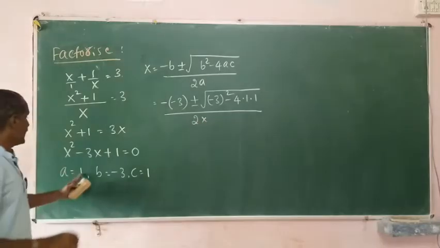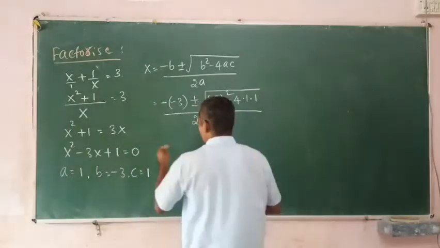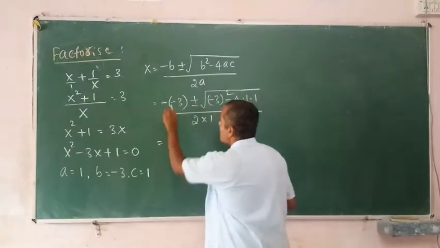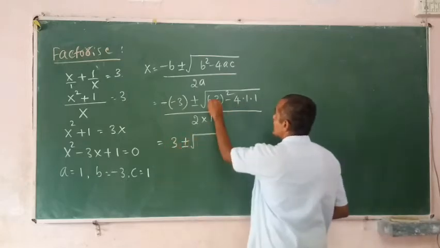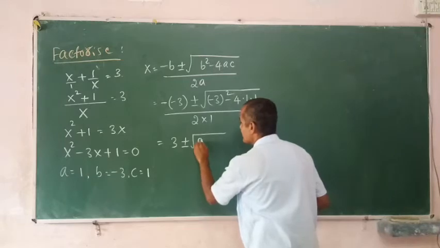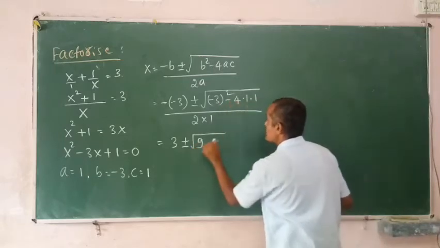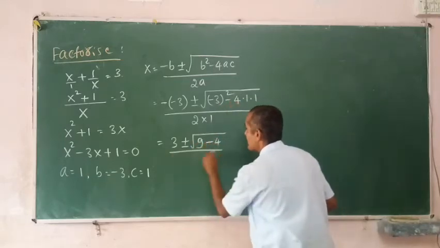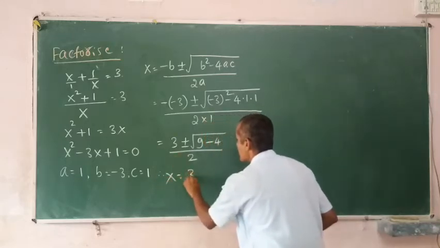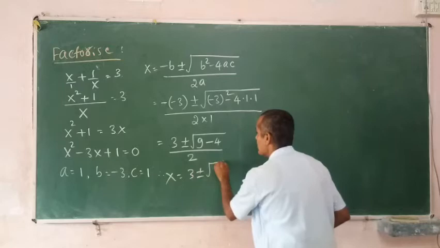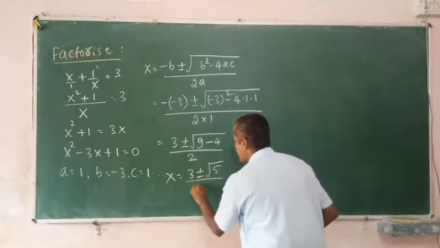2 into a value 1. This equals minus of minus is plus 3 plus or minus under root 3 square is 9 minus 4 ones are 4, divided by 2. Therefore, x is equal to 3 plus or minus under root 5 divided by 2.